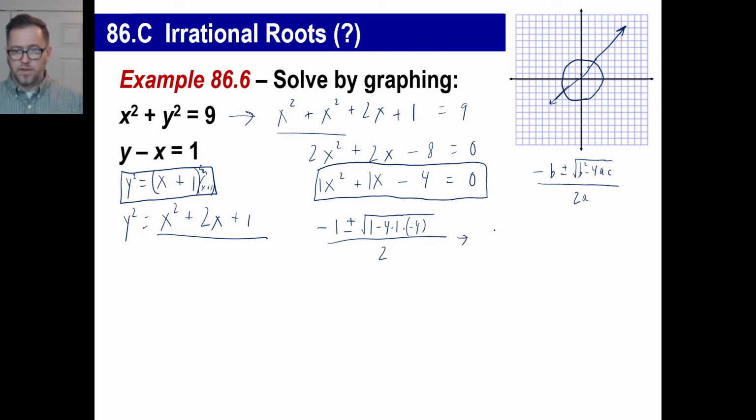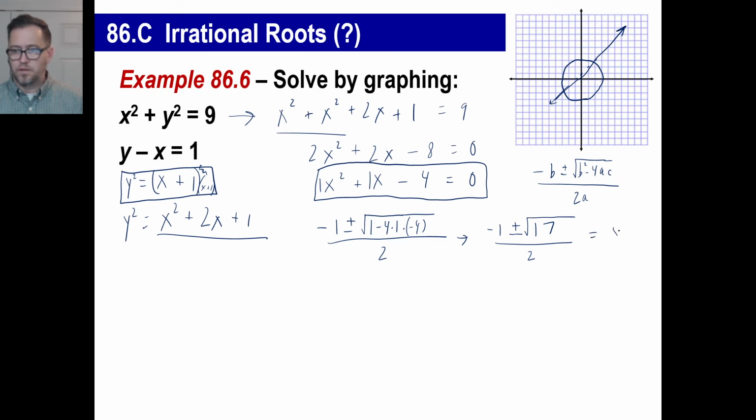So over here we get negative 1 plus or minus, let's just do this in our heads here. We have negative 4 times 1 is negative 4. Negative 4 times negative 4 is 16. So 1 plus 16 would be 17. It didn't need the gigantic square root symbol there, I guess, but all over 2. So there are our 2 answers for x.